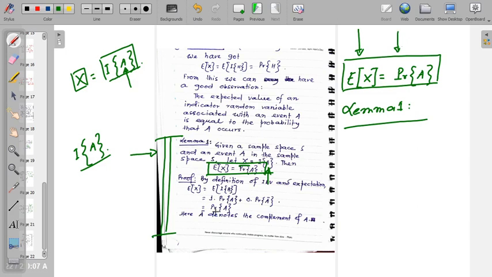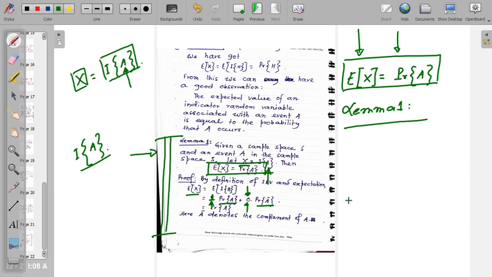It holds by definition, so you get the proof by default. An indicator random variable has two values: 1 with probability of A, and 0 with probability of A bar, that is, its complement. When the event is not happening, we count the indicator value as 0. When it is happening, we count it as 1 times the probability of A. This is the definition of the expectation.